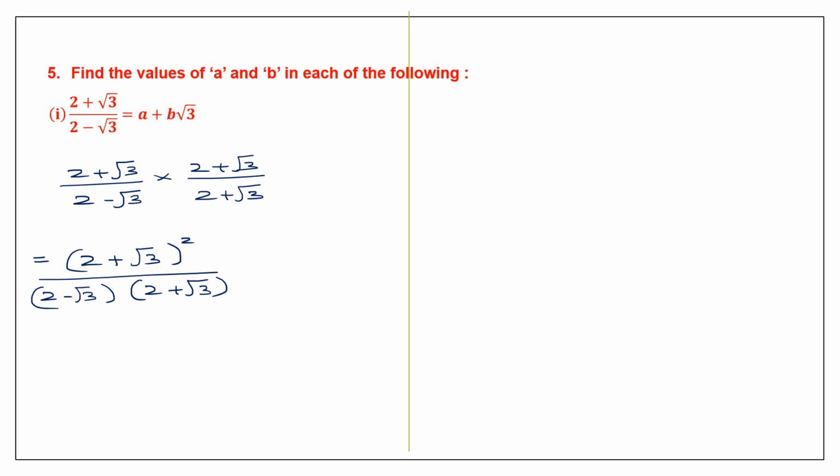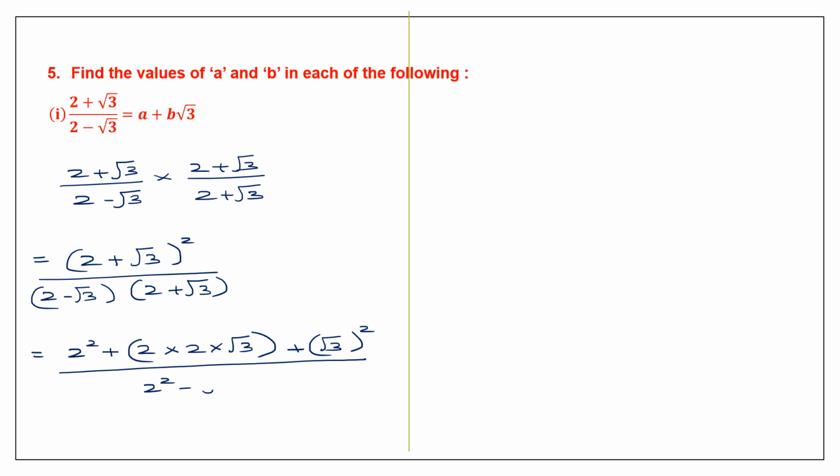We can apply that formula, that is a square plus 2ab plus b square, that is 2 square plus 2 into 2 into root 3 plus root 3 square. And in the denominator, we have a plus b into a minus b, which is a square minus b square, that is 2 square minus root 3 square.